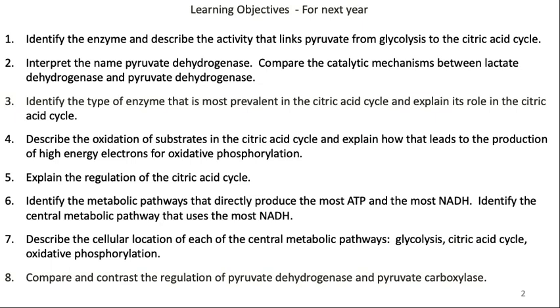Also, a number of the steps in the Krebs cycle involve oxidation driving a reduction, so you should be able to know which substrate or product is oxidized, which one is reduced, what goes up in energy, and what goes down in energy.